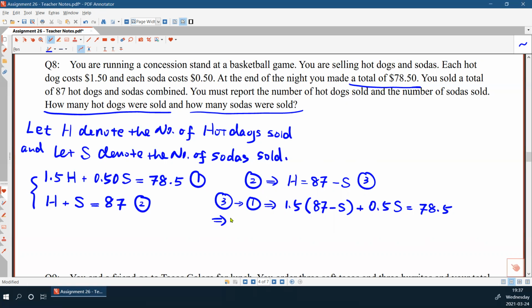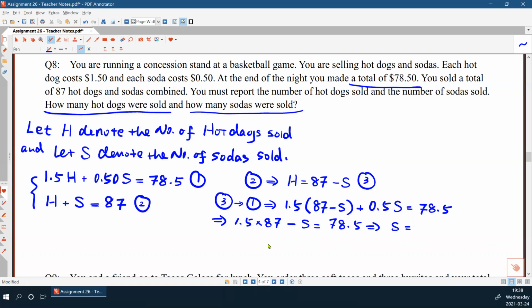Okay, so let's simplify this equation here. So 1.5 times 87 plus, sorry, not plus, should be minus, right? Attention to the signs here. Minus 1.5 plus 0.5 is minus S. This equals 78.5.